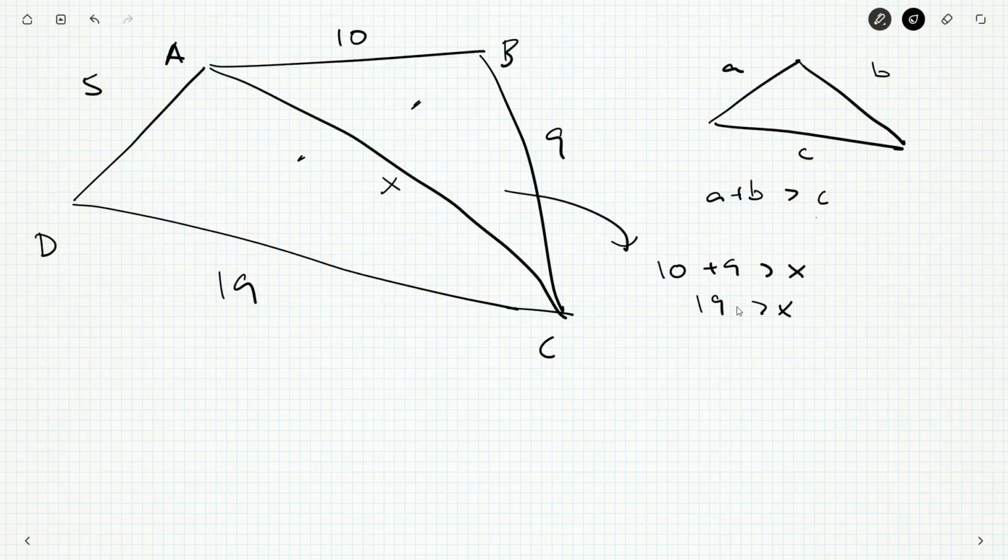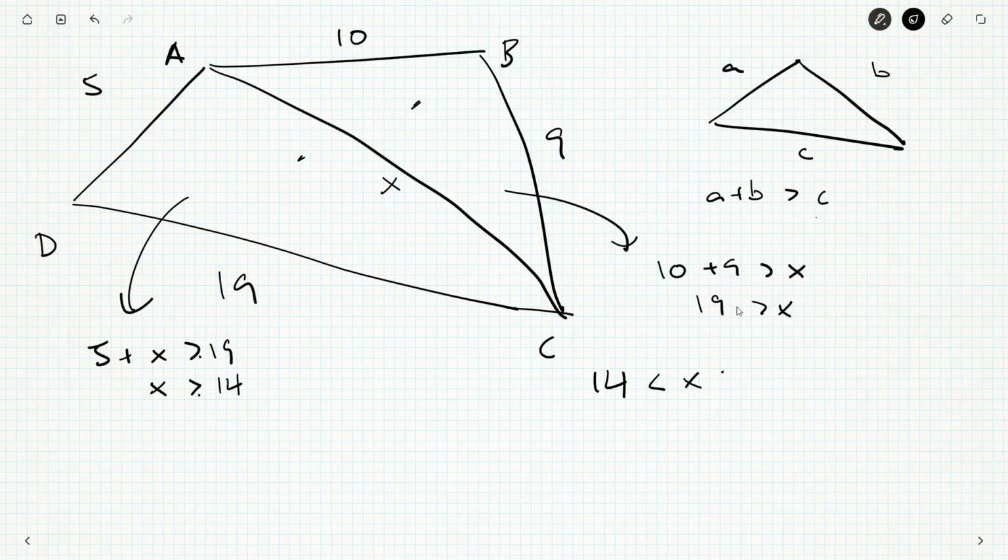So it's not meaningless to point out that 5 plus X must be less than 19. And now X must be less... Sorry, 5 plus X is greater than 19. I was going to say that'd be silly. X could be 1. So 5 plus X has to be greater than 19, so X has to be greater than 14. So 14... and 19.